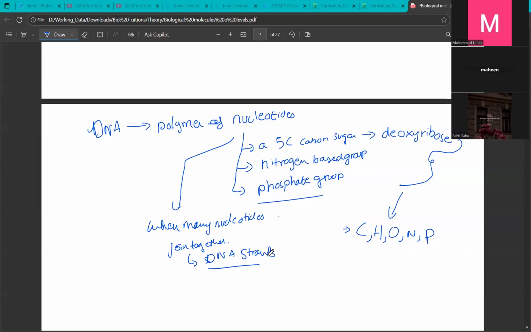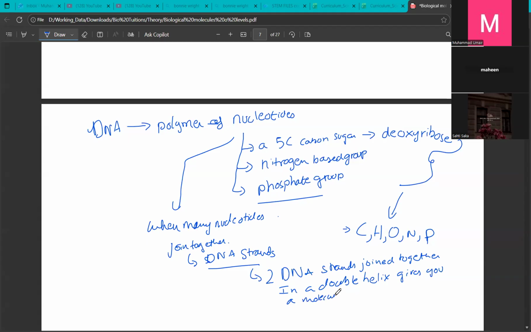But this is also cool for you guys. Two DNA strands join together in opposite fashion. Two DNA strands join together in a double helix and give you a molecule of DNA.